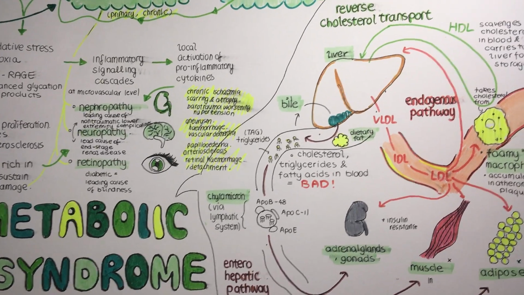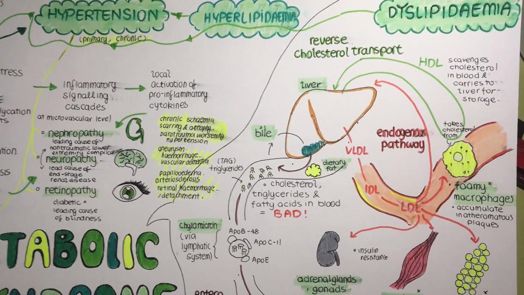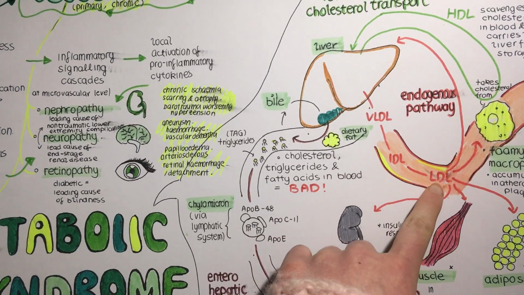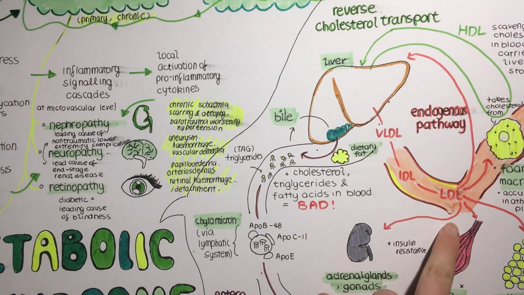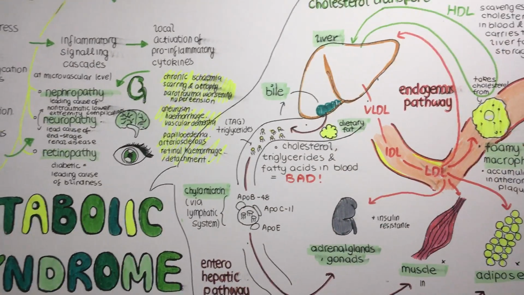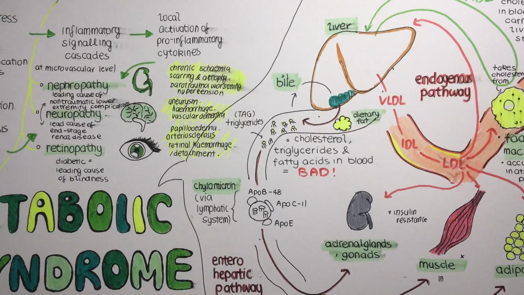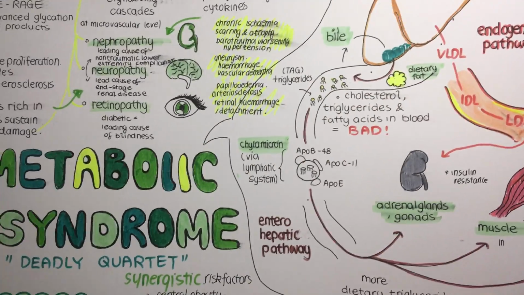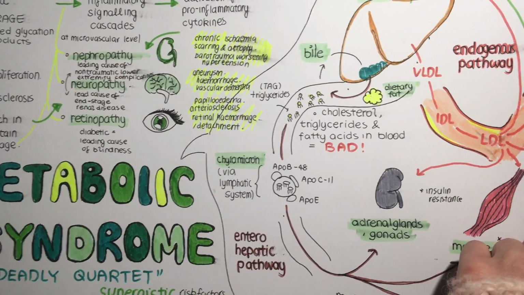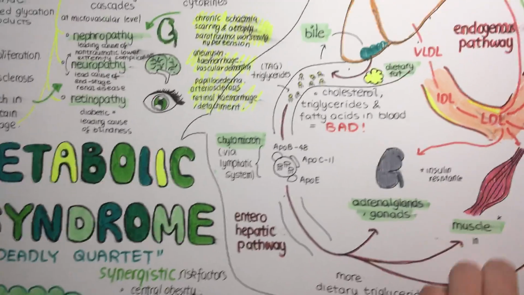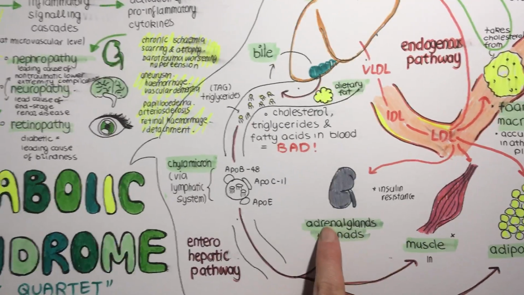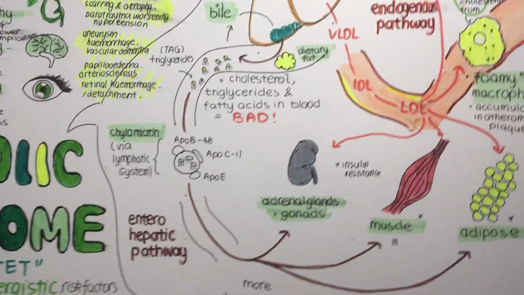So in dyslipidemia, you have a high amount of VLDL, IDL, and LDL. These lipoproteins all contribute to fat being stored in the foamy macrophages and accumulating in adipose tissue, muscle, and adrenal glands.